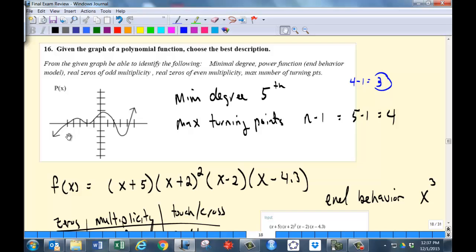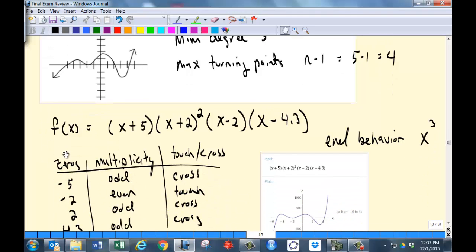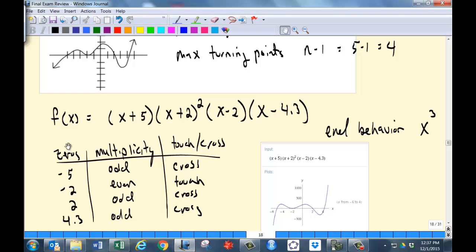Okay, so now we just identify the zeros here. So we've got a 0 at 1, minus 1, minus 2, minus 3, minus 4, minus 5, minus 2, 2, and this is a little more than 4, maybe 4.3 or something like that. That's what I estimated it as. Okay, so we'll create this chart where we list the zeros out, the multiplicity.